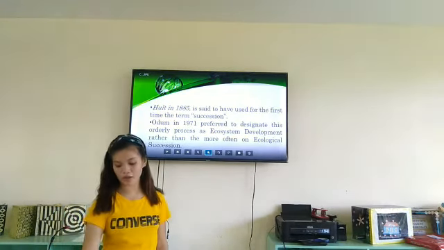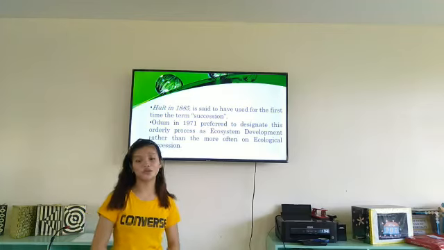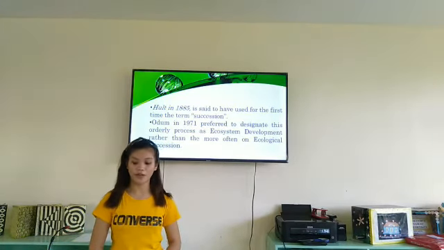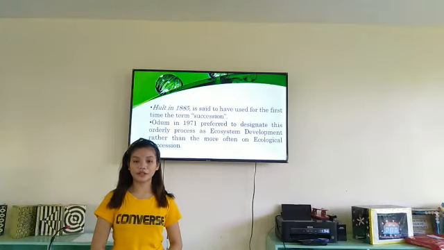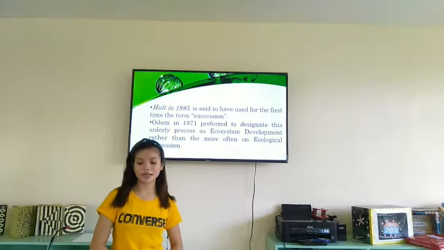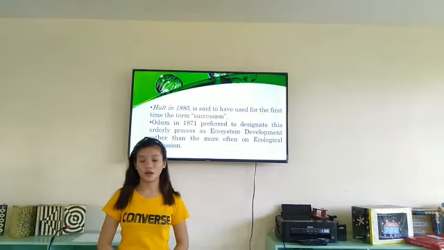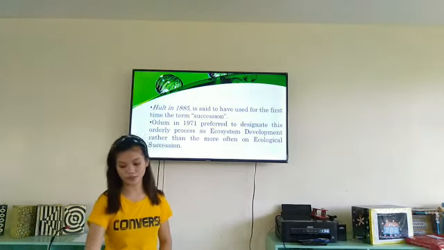Holt in 1885 is said to have used for the first time the term succession, although in 1975 he preferred to designate this orderly process as ecosystem development rather than the more often used ecological succession.